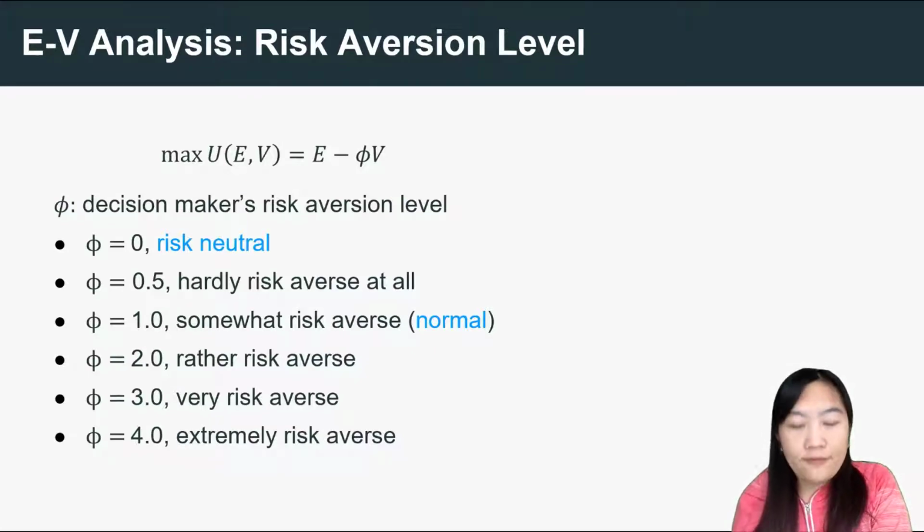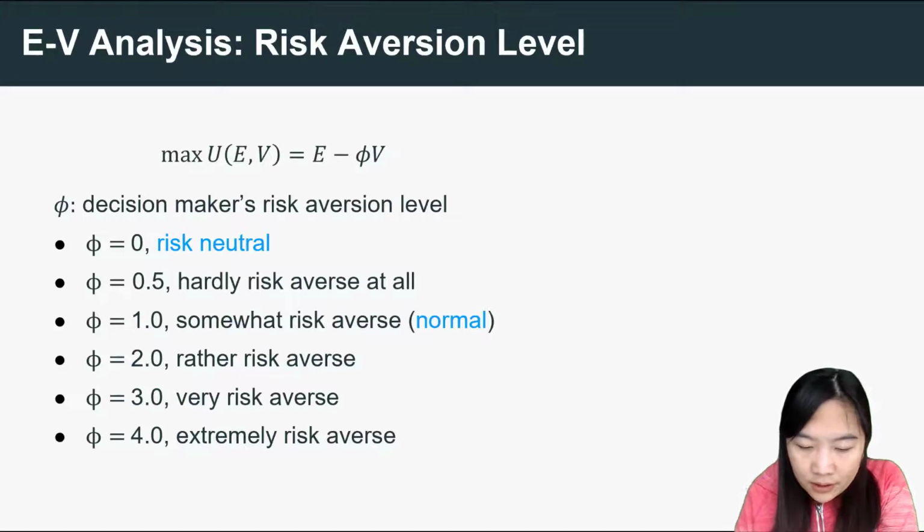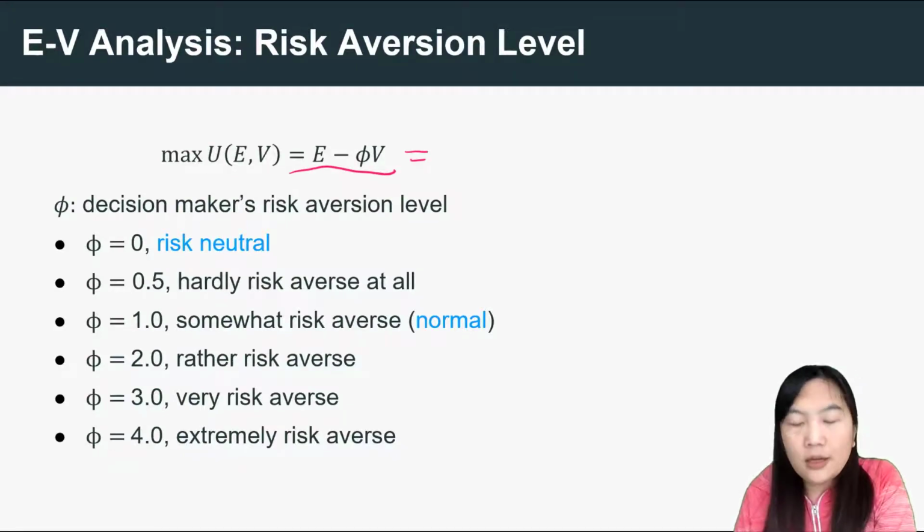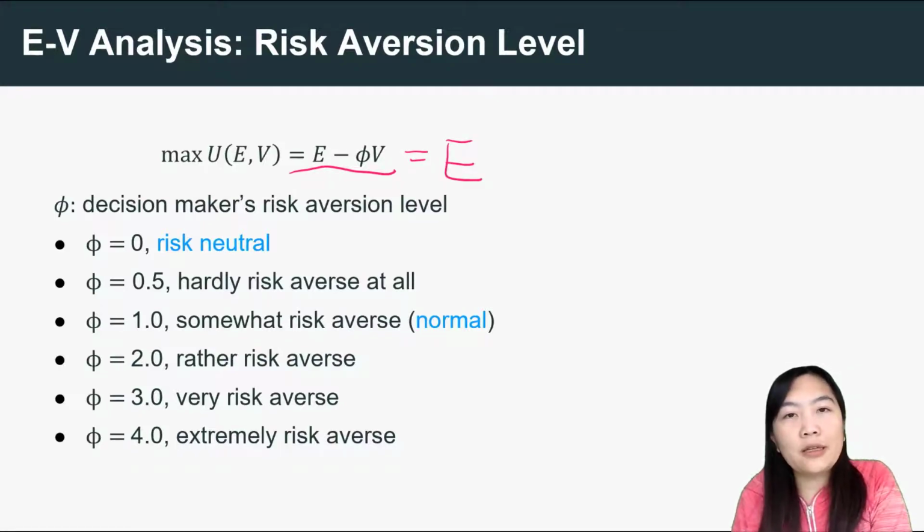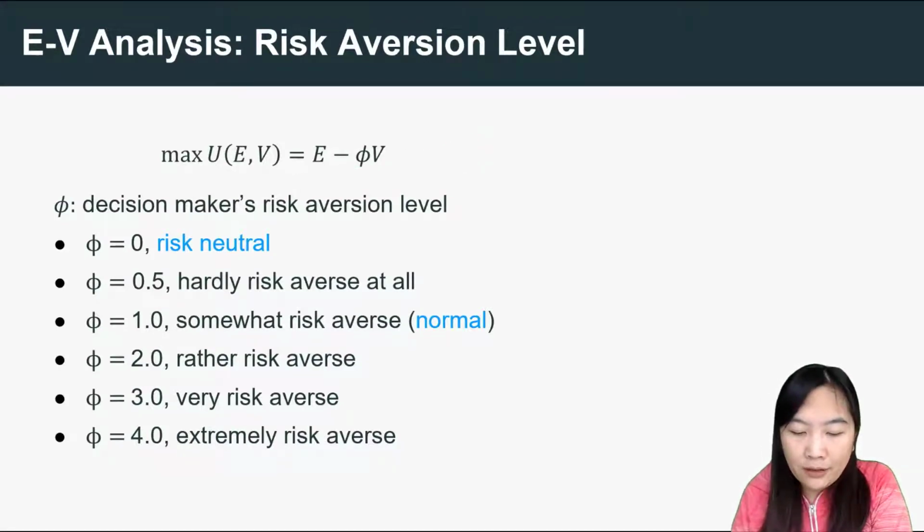For example, if phi is 0 here, the objective function just simplifies to E. So the person only cares about the expected profit, and there's no penalty for risk, which is measured by this V here. So no matter how big the risk is, the person only cares about E. And if that's the case, then we say that person is risk neutral.